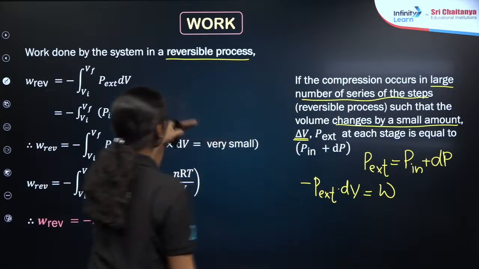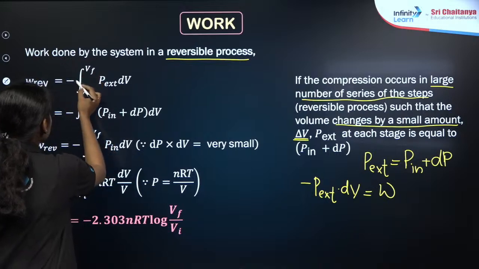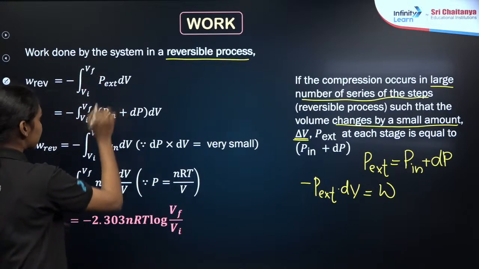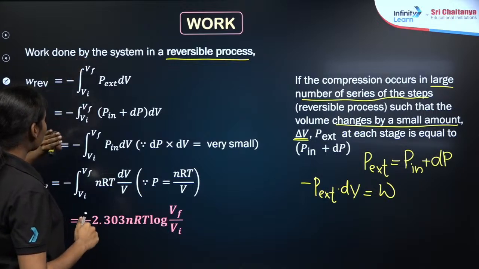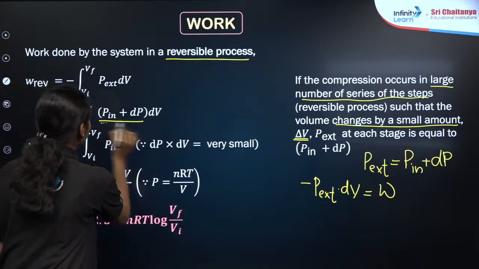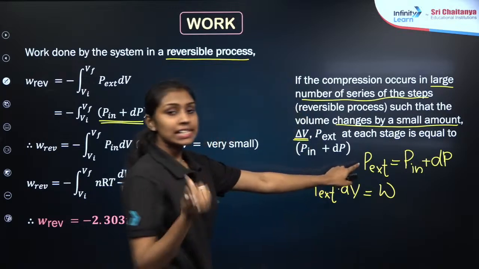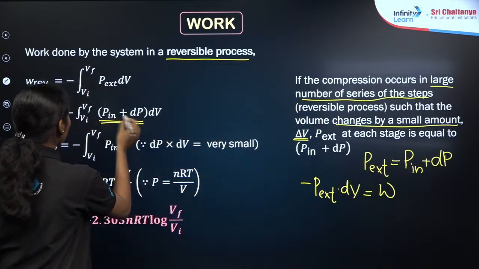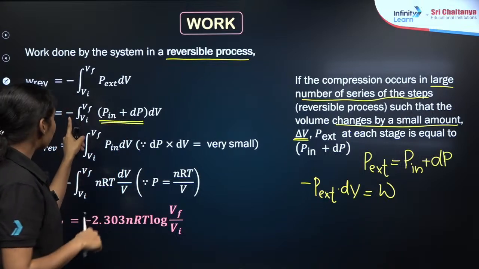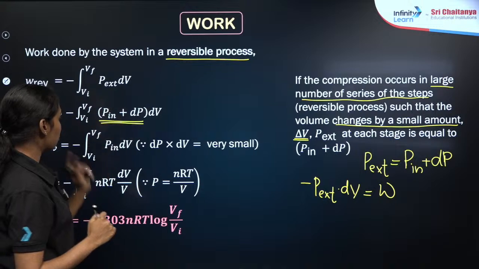So for the reversible process, it will be negative of the integral of P external into dV, from initial volume Vi to final volume Vf. We have already discussed that for a reversible process, P external becomes P internal plus dP. So I write the same term as negative of the integral Vi to Vf of (P internal plus dP) into dV.